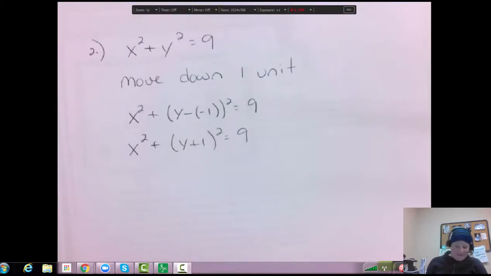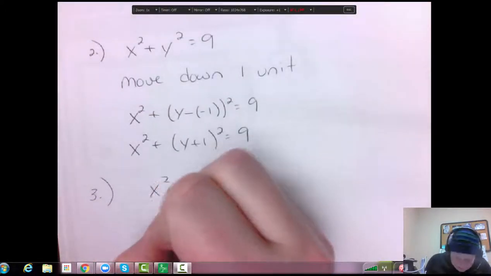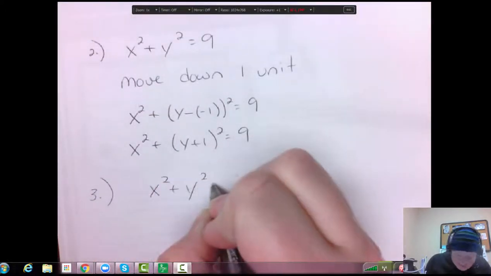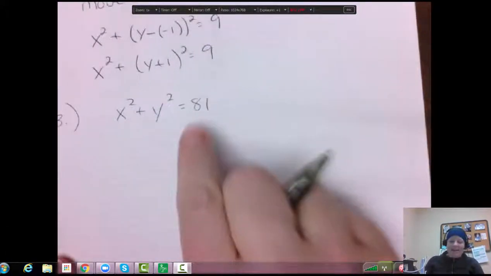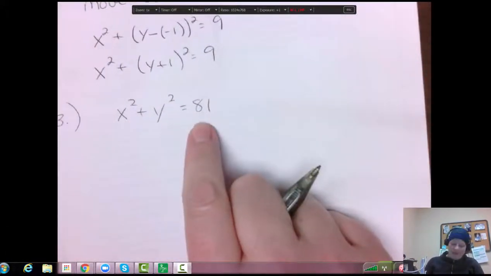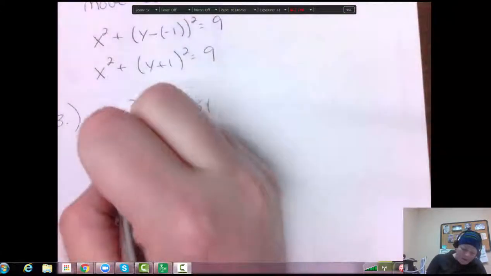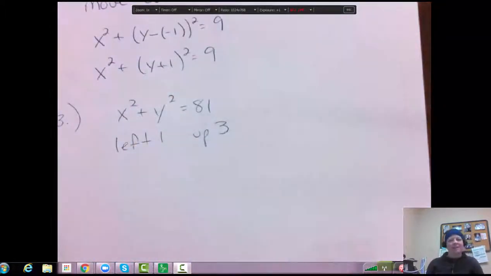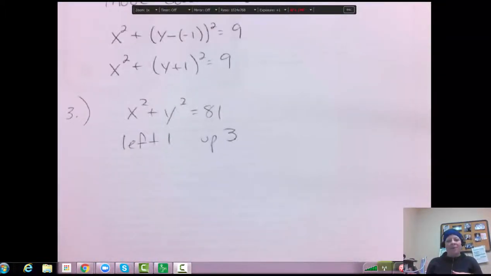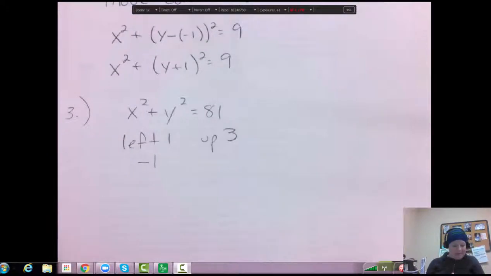What if, same idea, I start with x squared plus y squared equals 81. The center is at 0, 0, and the radius is 9, right? Because the square root of 81 is 9. What if I want to go left 1 and up 3? So I'm doing two things. Left 1, up 3. Remember, left has to do with your x's, and that's going to be negative, right? -1.